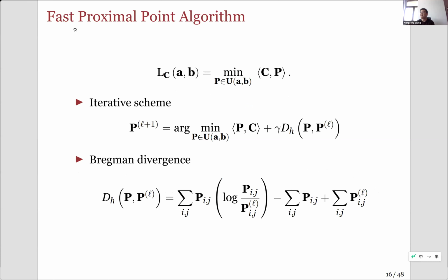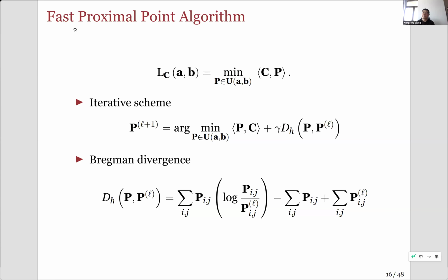It's an iterative scheme to solve the original problem. At each step, we find the next iterate P_{l+1} by solving a subproblem that balances minimizing the original cost and staying close to the previous iterate P_l.